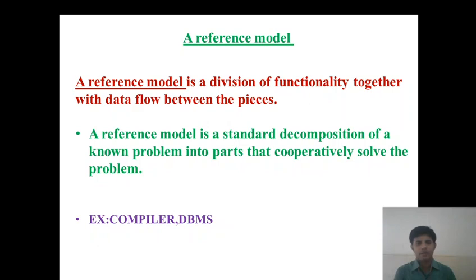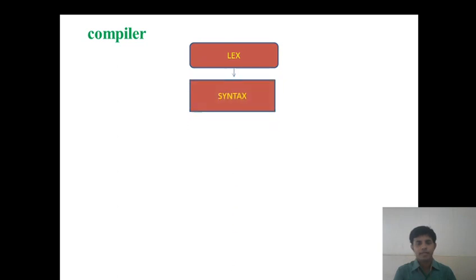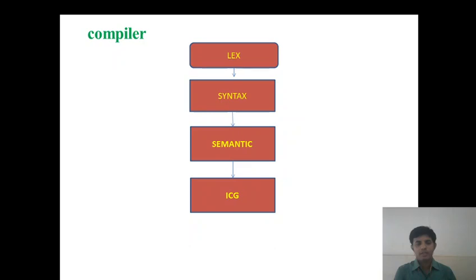The best example to understand is the compiler. How a compiler works, we already know. A compiler has 6 parts: lexical analysis, syntax analysis, semantic analysis, ICG, intermediate code generator, code optimizer and code generator.